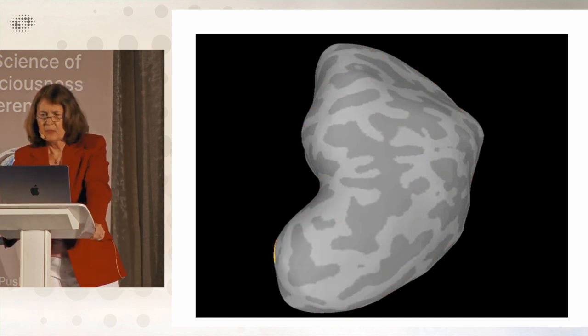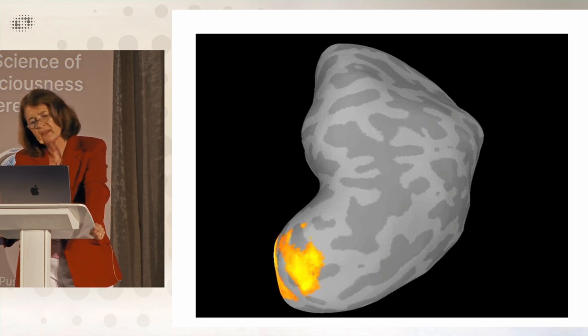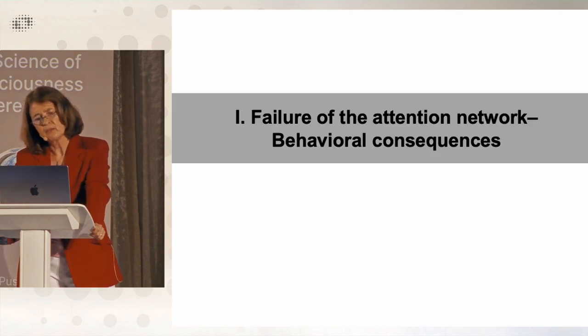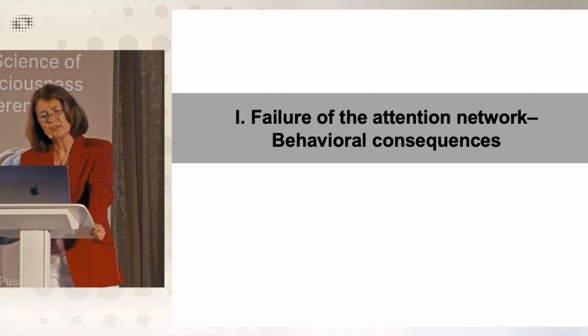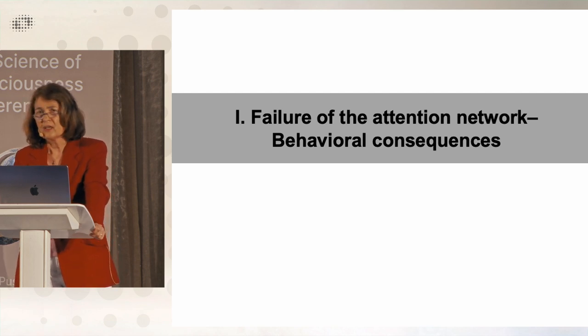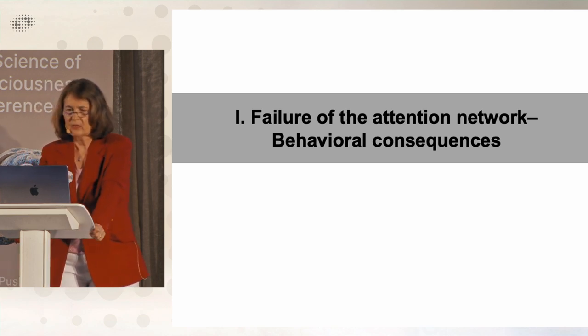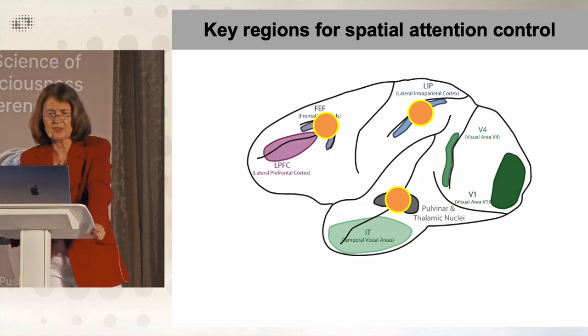Okay, but before I get into that, I want to take a little bit of a different starting point. I want to show you what happens when this attention network that I've just shown you is insulted, when damage to it occurs. This is a schematic, a lateral view of the brain.